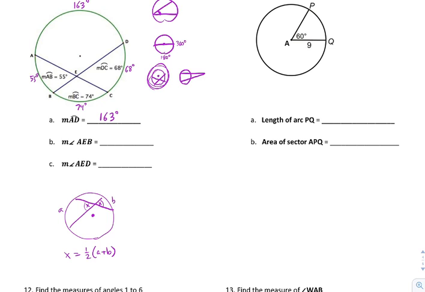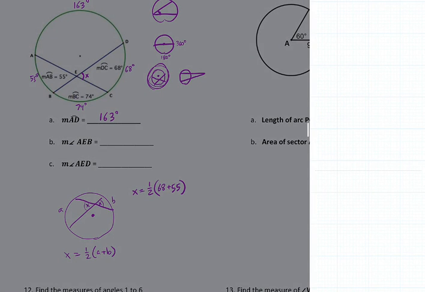So in my problem up here, I know that this angle here, x, is equal to 1/2 of 68 plus 55. So I'm just going to go over to the side with my calculator, and I'm going to say, what's 68 plus 55? And then once I get that 123, I'll divide it all by 2, and I'll say 61.5.